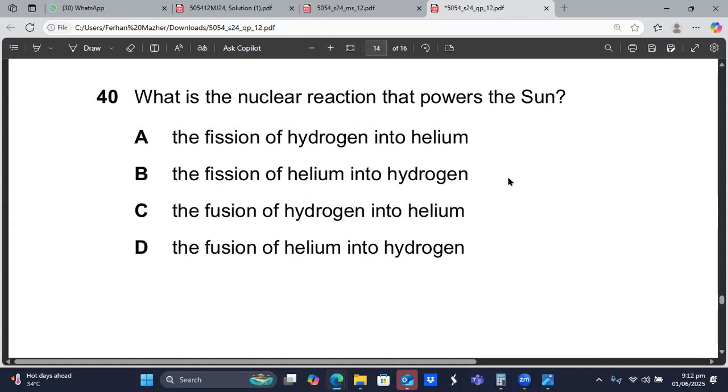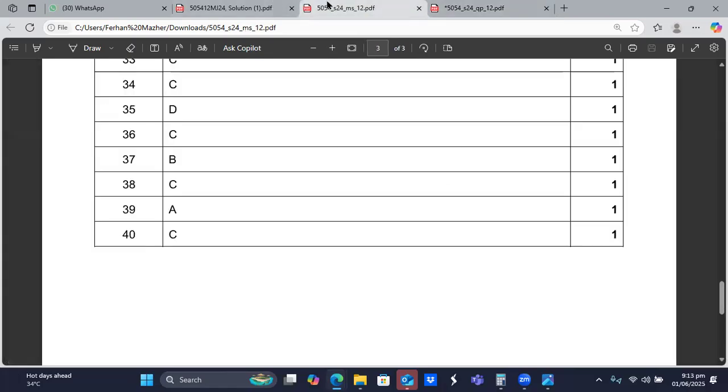This process is called fusion. On the sun, the hydrogen atoms fuse into each other and they make helium by the process of fusion, and an enormous amount of energy is given out. The fusion of hydrogen into helium. I think question number 40, C is the right answer, sir.